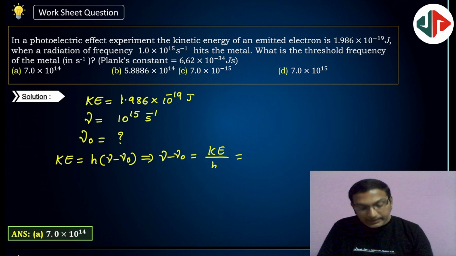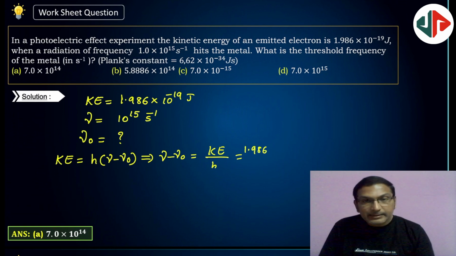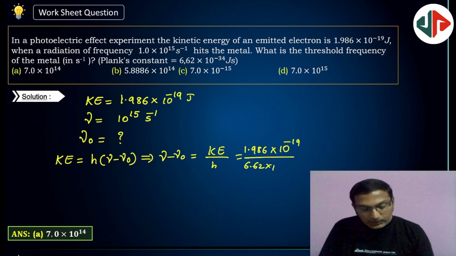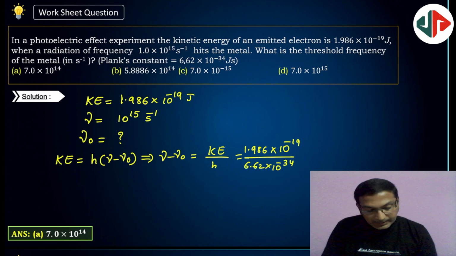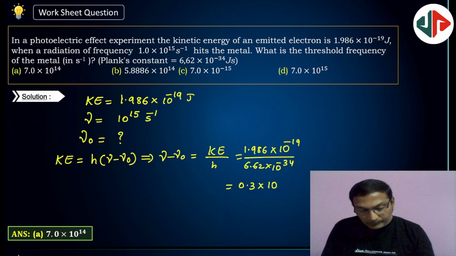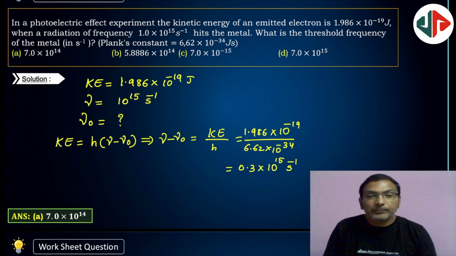So what is KE here? 1.986 into 10 power minus 19 by 6.62 into 10 power minus 34. So we'll get this value as 0.3 into 10 power 15 second inverse.